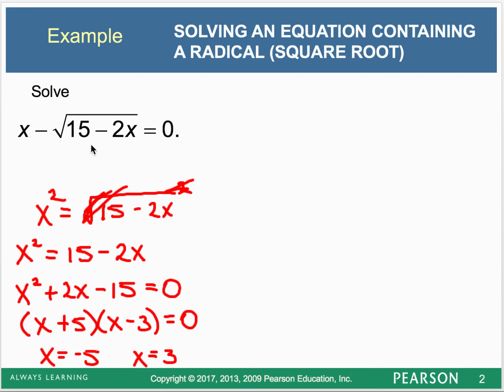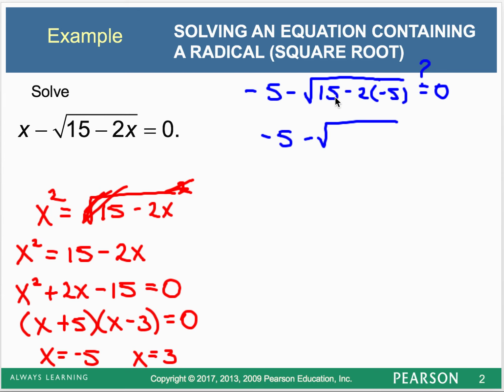So if I plug a -5 in here, I would have -5 minus the square root of 15 minus 2 times -5. And I want to know if that equals 0. Well, let's see. -5 minus the square root of 15 minus 2 times -5 is +10.